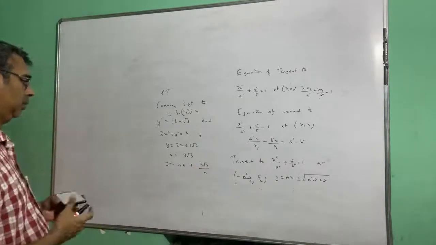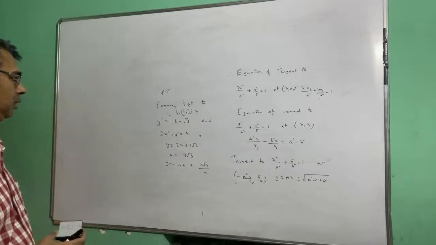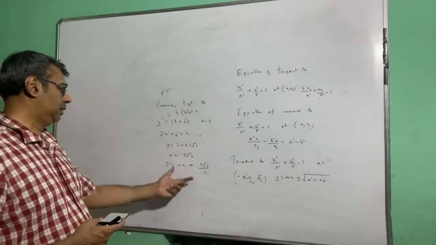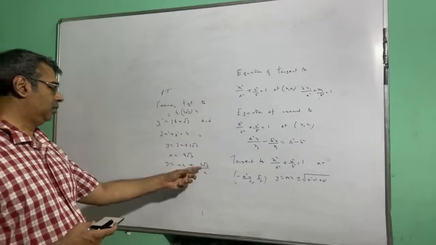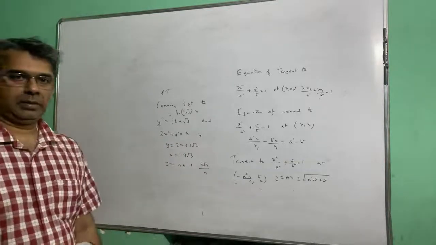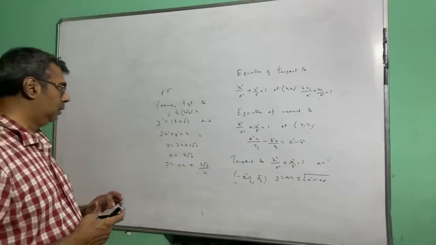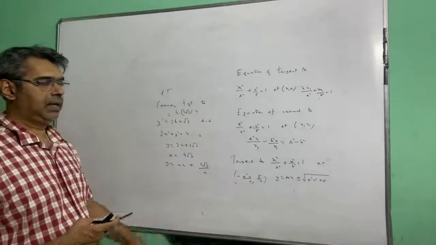So y equal to mx plus 4 root 3 by m will be the equation of the tangent to the parabola. Now you take this equation and put it here, and do discriminant equal to 0, so you will get the value of m. And once you get the value of m, you will get this answer.